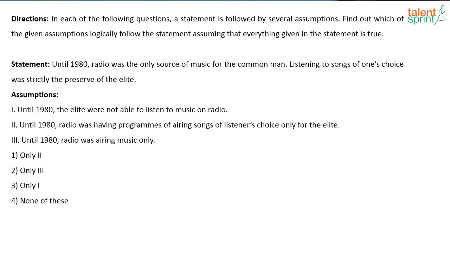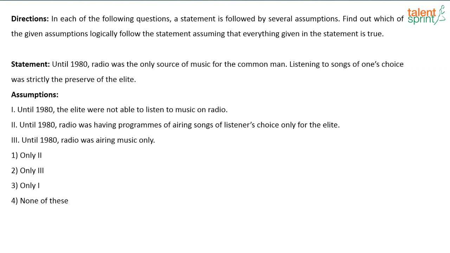So which would be the correct answer option here? Give me the answer. See what is said here, until 1980, radio was the only source of music for the common man. Okay, so for common men, music meant only radio. They had only radio where they could hear songs. Listening to songs of one's choice was strictly the preserve of the elite. So only rich people could afford to listen to whatever songs they want, right?